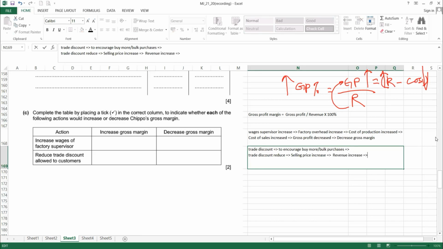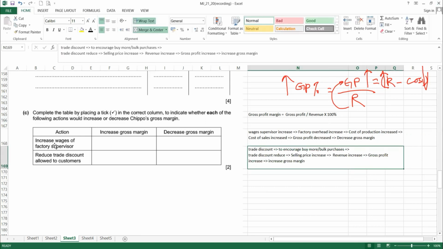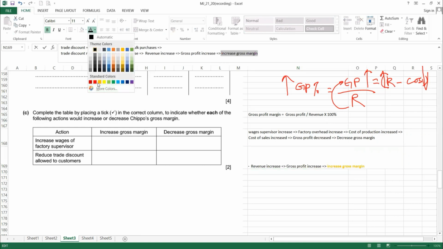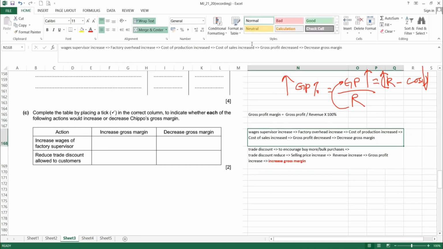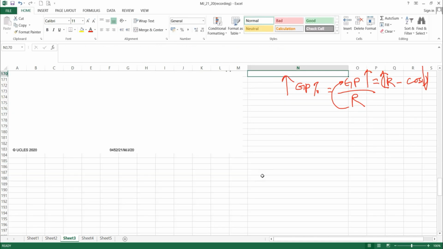When revenue increases, gross profit increases, and so does gross profit margin. So that is the effect for this one: increase gross profit margin. And this one: decrease gross profit margin. Okay, next.